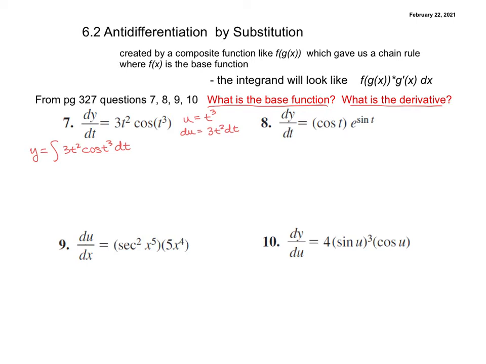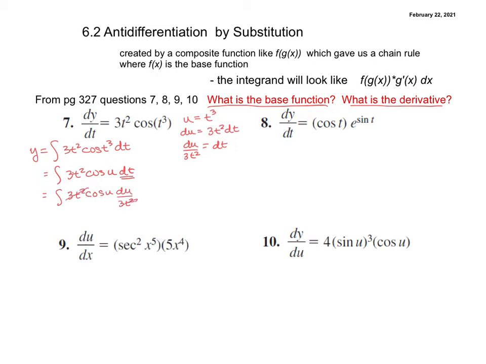So now, if u is equal to t cubed, I have 3t squared times the cosine of u times dt. But dt is equal to du divided by 3t squared. So now I have the integral of 3t squared cosine of u, but I'm going to replace dt with du divided by 3t squared.